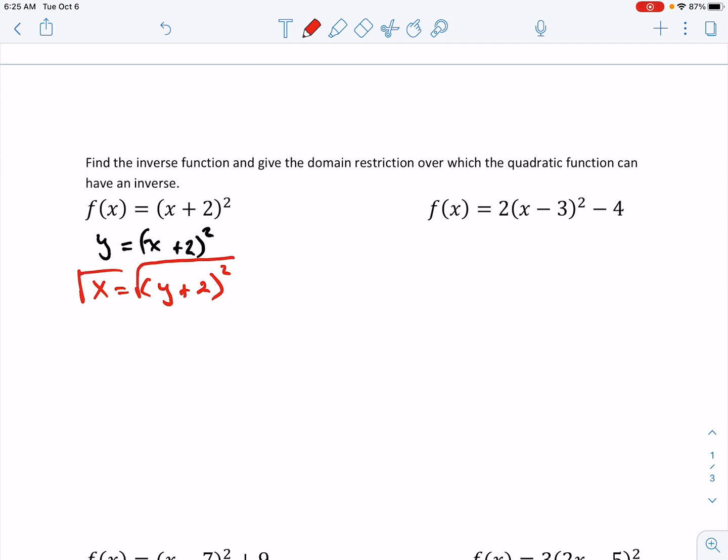And I'm not going to do the plus and minus. I'm only going to take the positive square root. So now we have the square root of x equals y plus 2. We take away 2 on both sides. So y equals the square root of x, take away 2. And now we change y to f inverse of x.